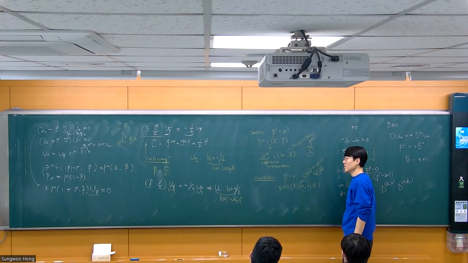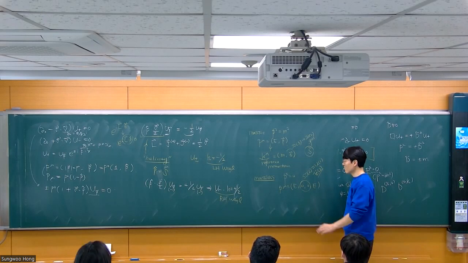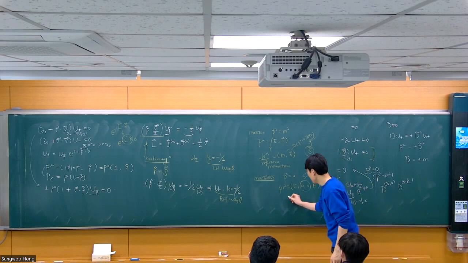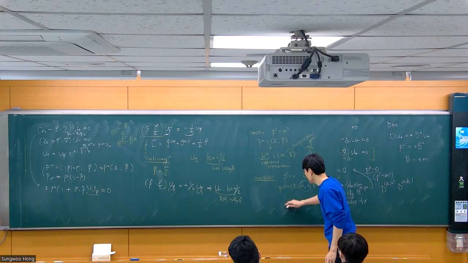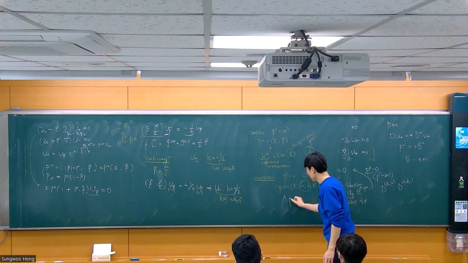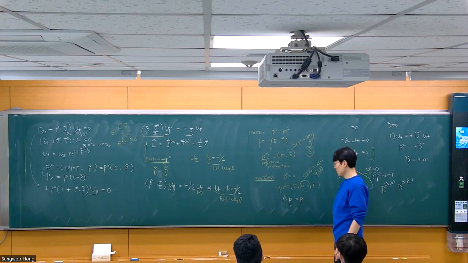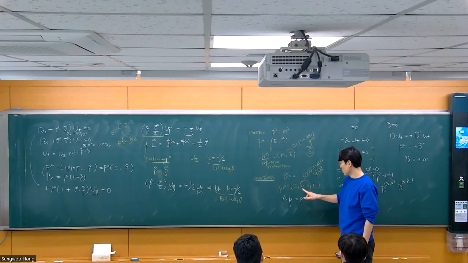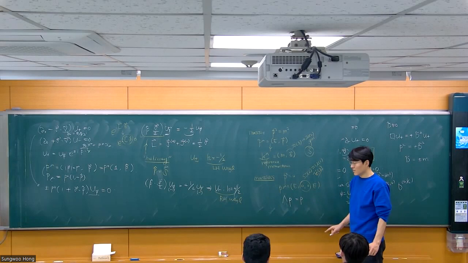But let me see. Does that leave this invariant? So really the criterion is to take a Lorentz transformation that leaves P invariant, and you can check if you boost along this direction whether that's the same.